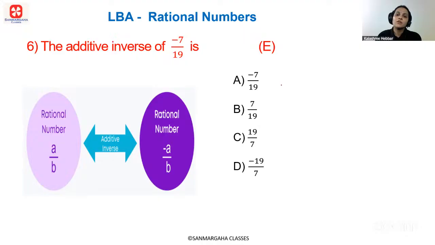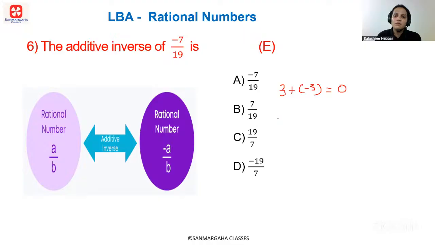So for example, 3 plus minus 3 gives 0. Correct. When you add -3 to +3, you get the answer as 0. So -3 is an additive inverse of 3.